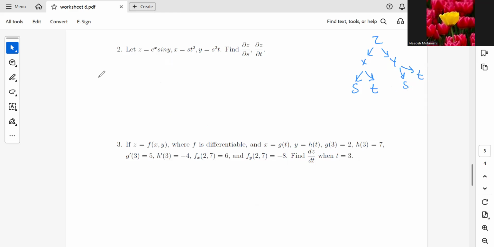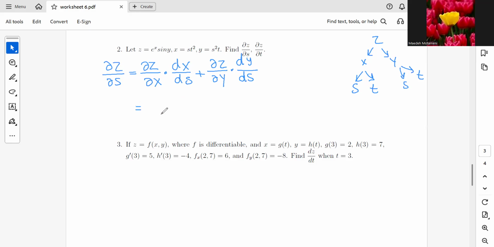So in order to find the partial derivative here, it's going to be the partial derivative of z with respect to x times x with respect to s, plus the partial derivative with respect to y times dy ds.